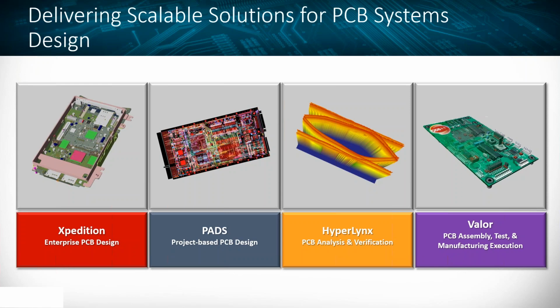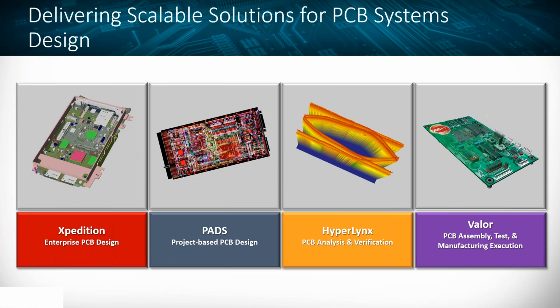What we're going to be talking about today is HyperLynx. It's for PCB analysis and verification. HyperLynx is a fairly large family of tools. It can simulate signal integrity and power integrity. We also have a graphical rule checker for EMI and other SI checks that can check for things that you would not normally notice in a standard DRC in your layout tool.